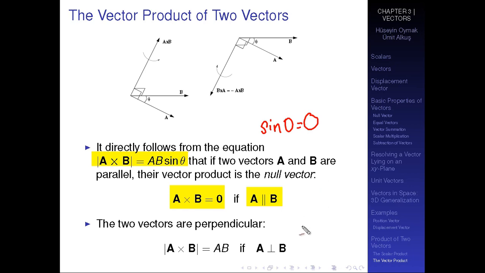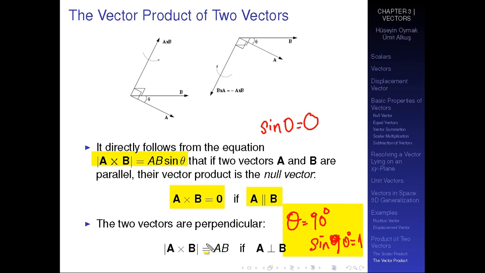For the case in which two vectors are perpendicular, that is, the angle between them is 90 degrees, we have for the magnitude of their product that A cross B equals A times B, since sine of 90 degrees is equal to 1.